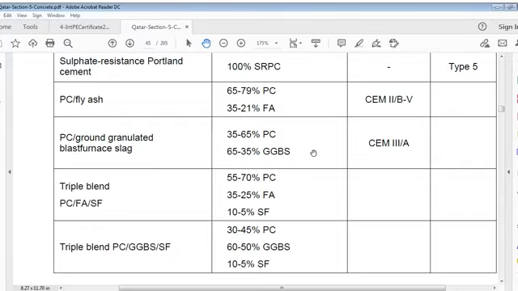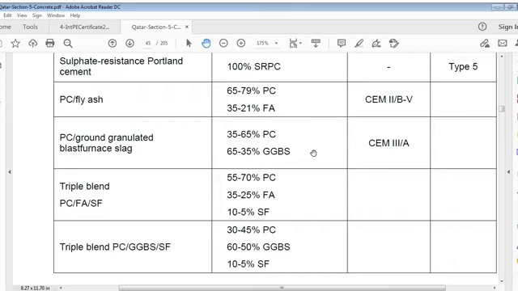So there can be 65 Portland cement and 35 fly ash, that is 35% replacement of OPC by fly ash, or 79% cement and 21% fly ash.